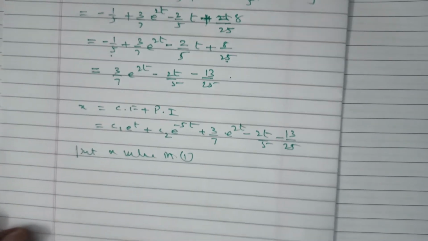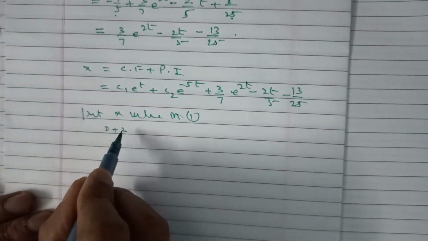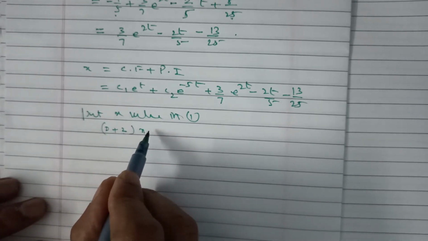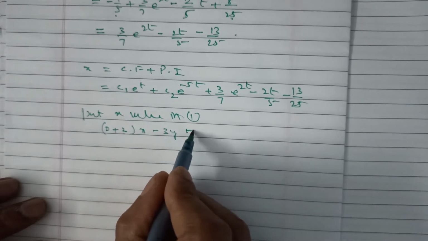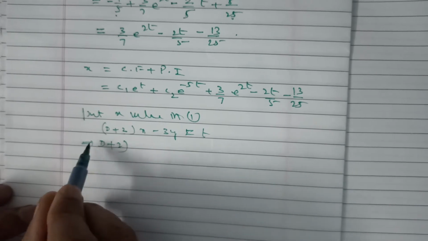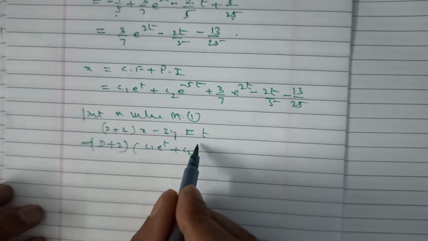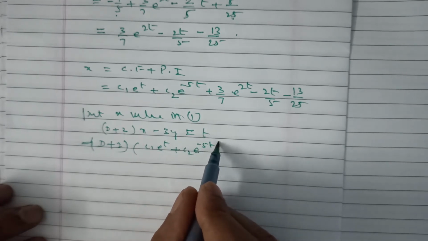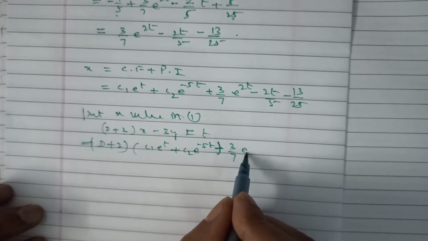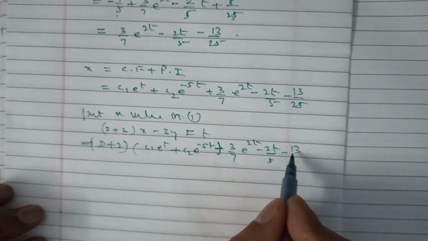So equation 1 is (D plus 2) of x minus 3y is equal to t, which implies (D plus 2) of x, where x is now C1 e power t plus C2 e power minus 5t, plus 3 by 7 e power 2t minus 2t by 5 minus 13 by 25.